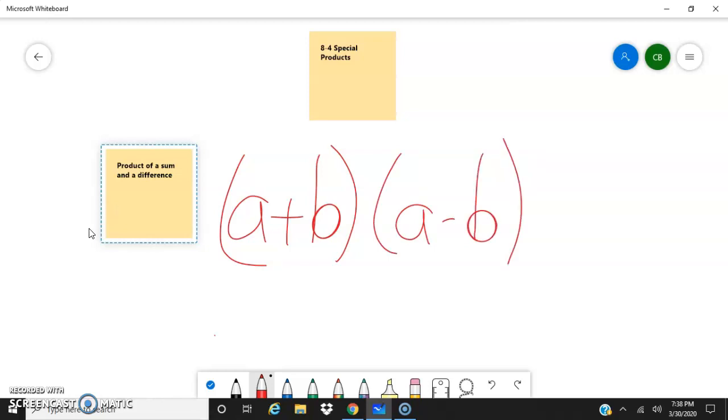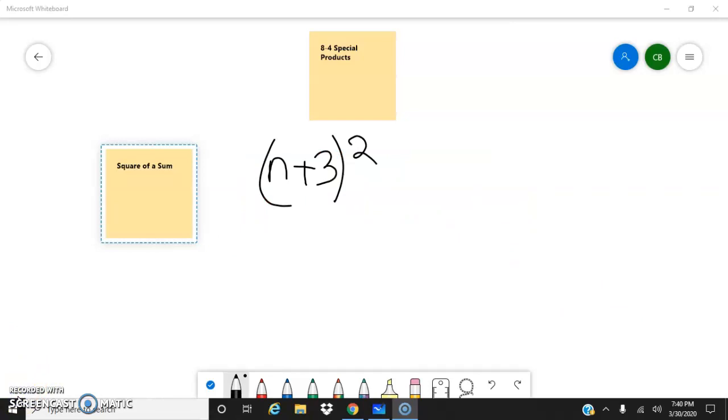Something weird is going to happen with our answers here. Our middle terms are actually going to end up canceling out whenever we FOIL. So our answer is just going to be a squared minus b squared. And like I said, that's not going to make a whole lot of sense right now, but whenever we get into the examples, it will.